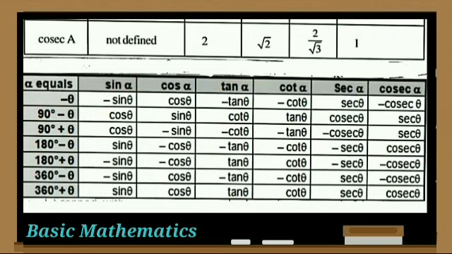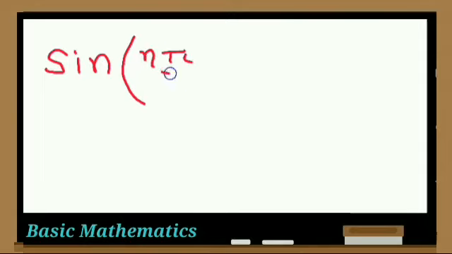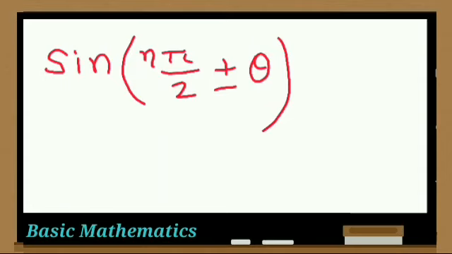There are some basic rules which work in this table. What are the rules to define these terms? We will discuss it. Let's discuss. For example, we write here sin of n pi by 2 plus minus theta, bracket close.